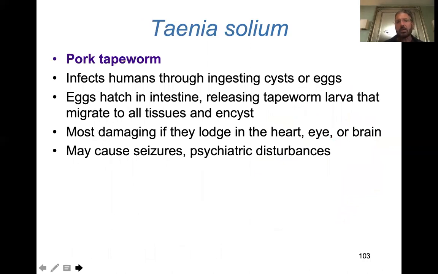All right, here's a problem. Pork tapeworm, same thing. Most damaging if they lodge in the heart, eye, or brain, may cause seizures and psychiatric disturbances. All right, not a problem here. But we realize in places like Texas or places that are close to Mexico, or, I shouldn't say Mexico, but any place that had feedlots where there was a huge amount of pigs and maybe they weren't the cleanest, you may have a problem with this.